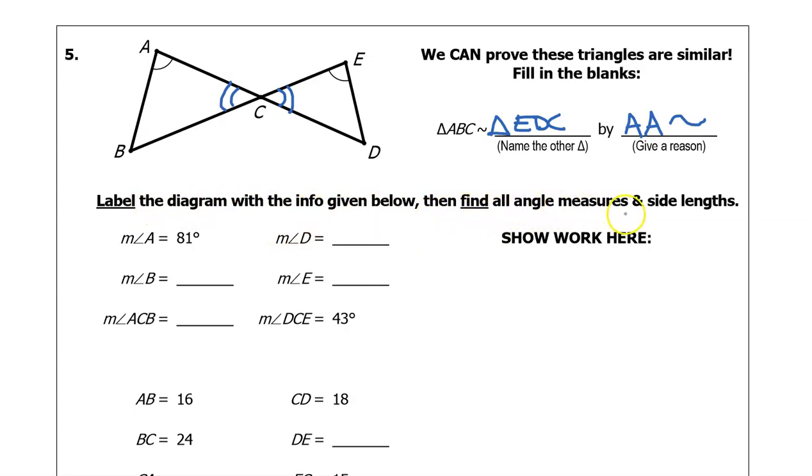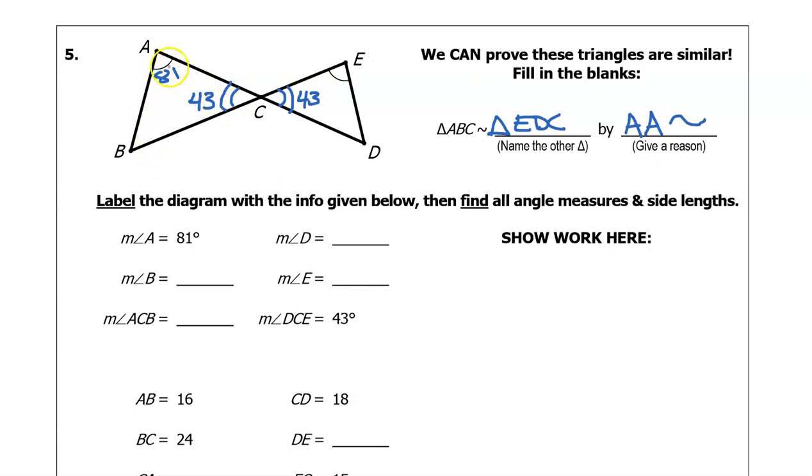Now, label the diagram with the info given below. Then find all angle measures and side lengths. So let's see, we are told that angle A is 81 degrees, so I'm just going to put 81 right there. And we are told that angle DCE, that's right here, is 43 degrees. And we need to find everything else that we can. So based on that, if we have 43 degrees here on the right, then the other vertical angle will also be 43 degrees.